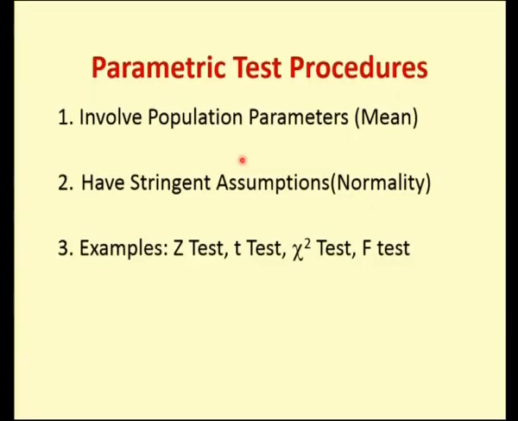Parametric test procedures involve the population parameters, for example mean, median or whatever it is, having stringent assumptions, that is, normality conditions will be the main backbone for a parametric test. Some examples of parametric tests we have done are the z-test, t-test, chi-square test and f-test.